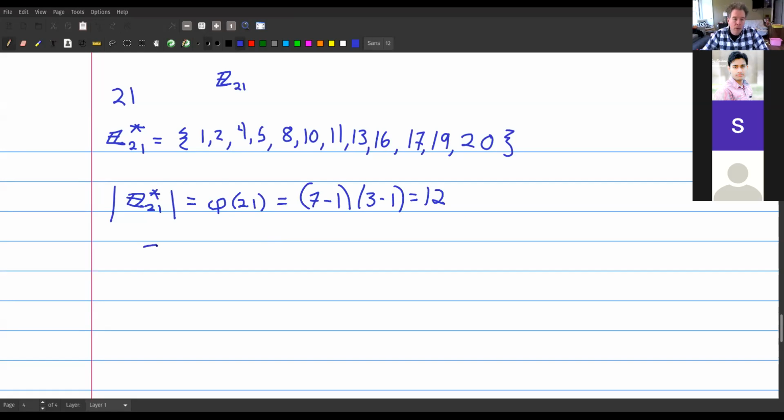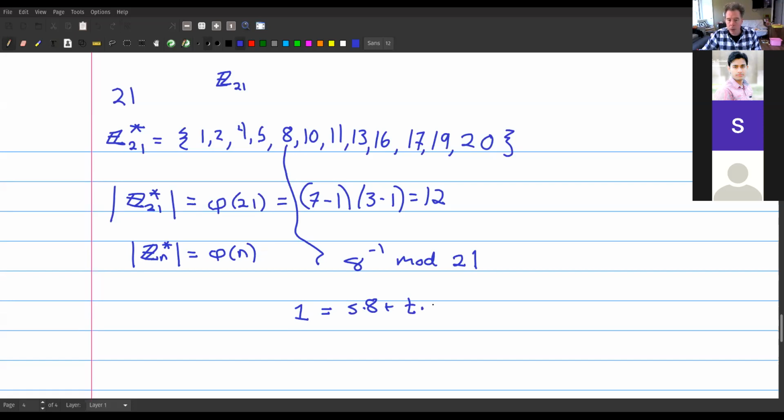This is always true. If you look at the multiplicative group mod n, for any n, the number of elements it contains is always phi of n. And this also relates all the way back to what we were doing with the extended Euclidean algorithm at the beginning of class. If you want to know 8 inverse mod 21, then you use the extended Euclidean algorithm to write 1 as s times 8 plus t times 21.